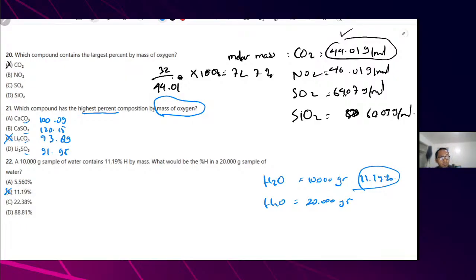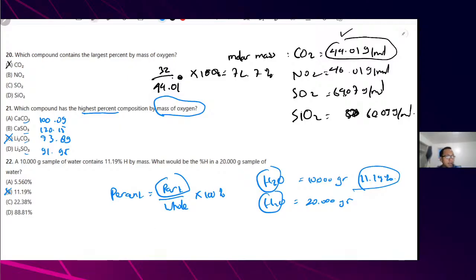B. So if you remember, how to calculate percent is part divided by whole times 100%. If the ratio of part is still the same, which means this is 2, this is also 2, the percent is still the same no matter the amount.